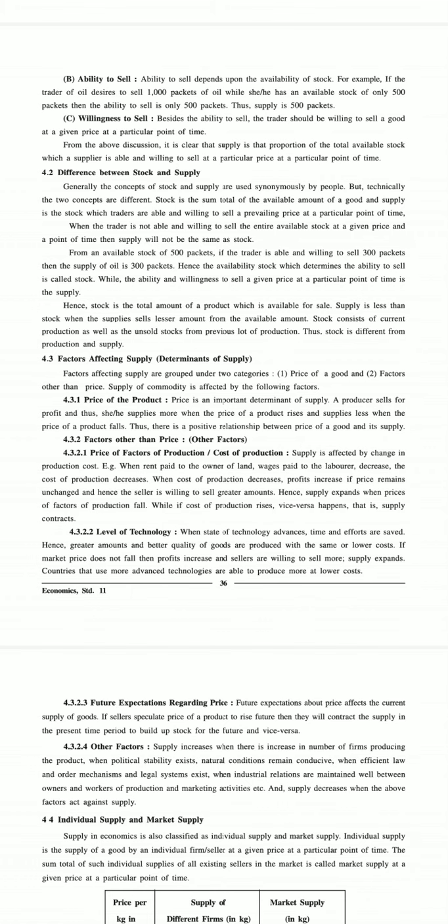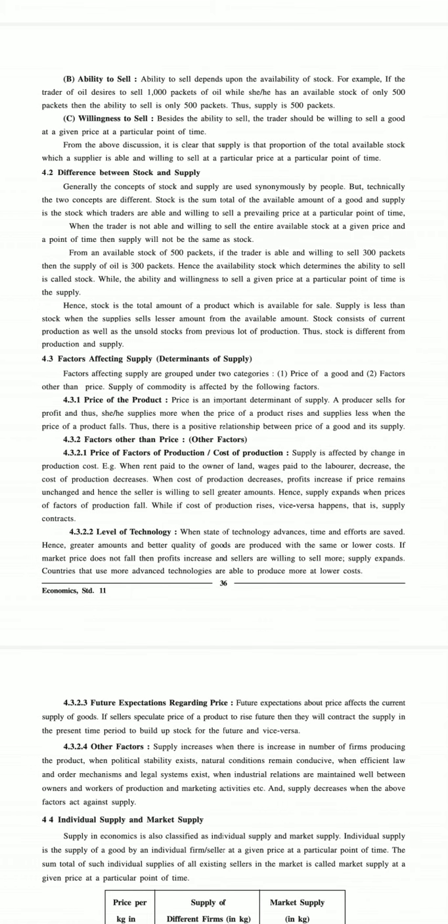So if the market price does not fall, then the profit will increase, and at this point of time, as a producer, they are ready to sell more in the market, due to which the supply will expand. So you can say the countries that use more advanced technologies are able to produce more at lower cost.